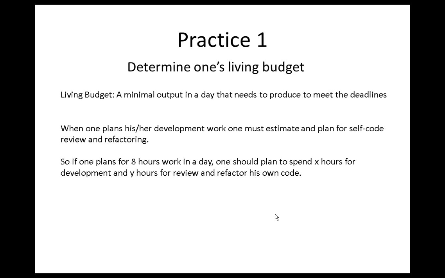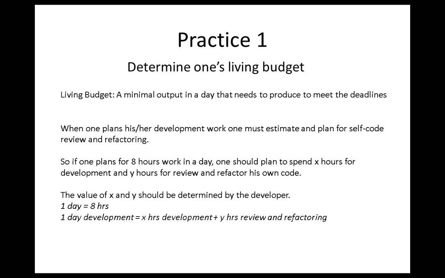We have to audit ourselves to see whether anything can be improved in terms of code and design. The value of action should be determined by the developer, not by a manager. So one day is equal to 8 hours. One day of development is equal to X hours development plus Y hours review and refactoring. And this X hour development is nothing but your living budget.